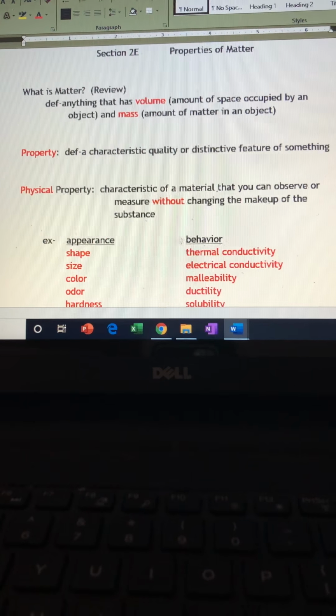Remember, therm means heat. So if it can conduct heat, that is a physical property of that particular substance. Like metals are very good conductors of heat.